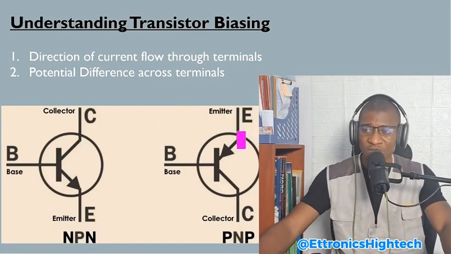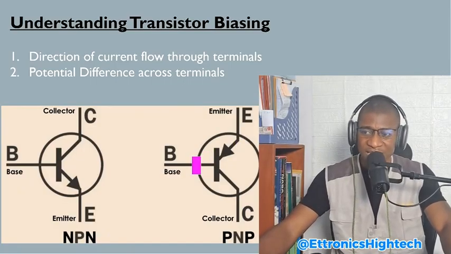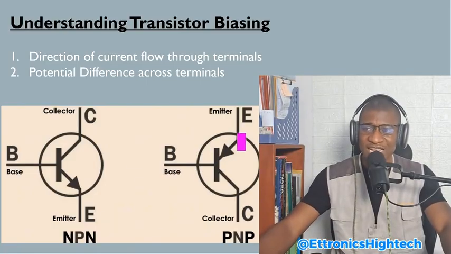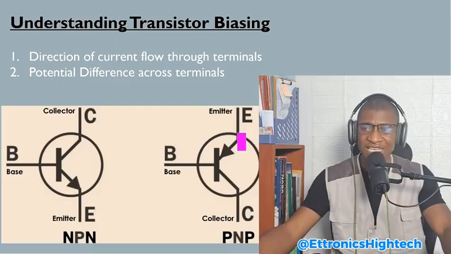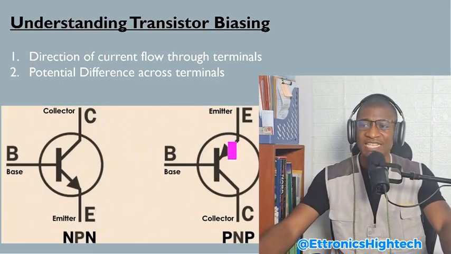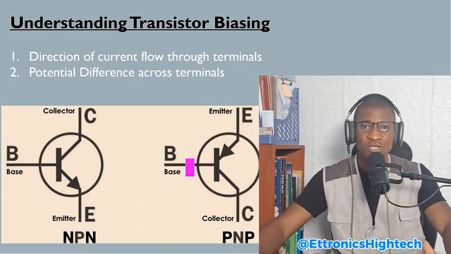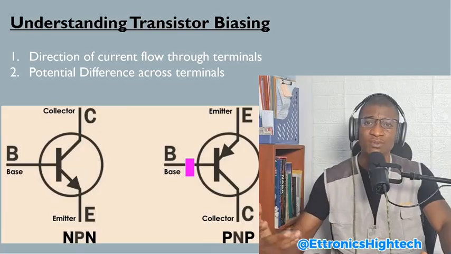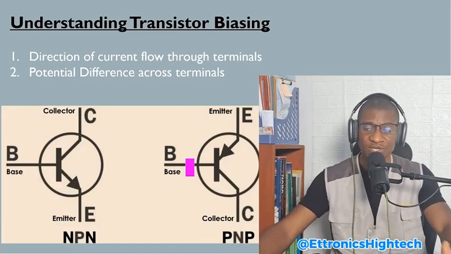And for current to flow from the emitter to the base, it means that the voltage at the emitter has to be higher than the voltage at the base. So this is a fact you need to know that will enable you to bias a PNP transistor.